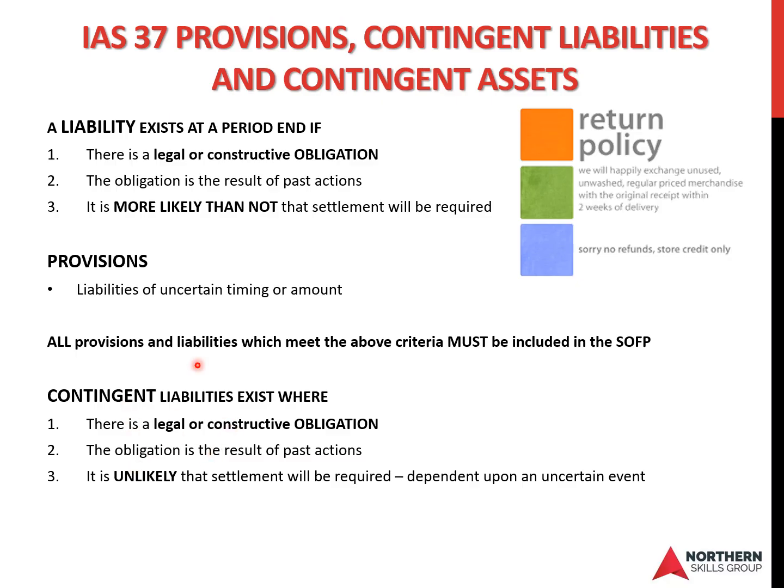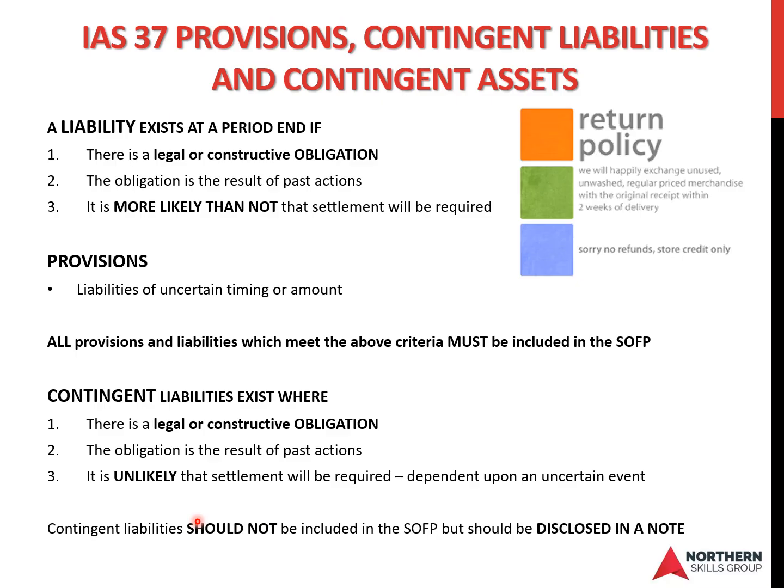So a contingent liability is the same as a liability that goes in the statement of financial position, with one difference. If it's more likely than not that settlement's going to take place, then it goes into the statement of financial position. If it's unlikely that settlement is going to be required, then it's a contingent liability.